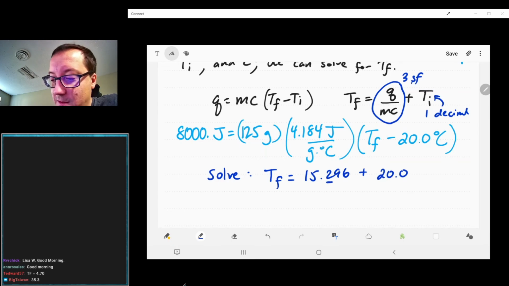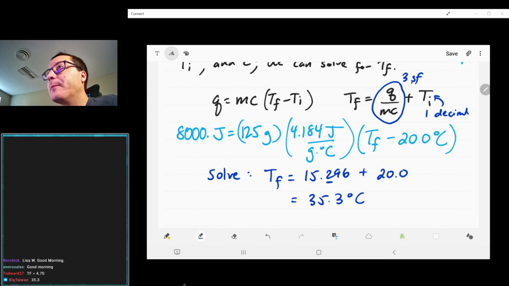This number has 3 sig figs, so putting that all together, you get 35.3 degrees Celsius. Yeah, that's what I get as well. It's always a good thing when you, as the listeners, get the same thing that I do. So, Tedward, I would go ahead and double check your math or something, just to make sure.